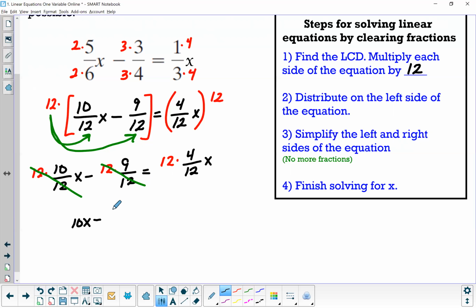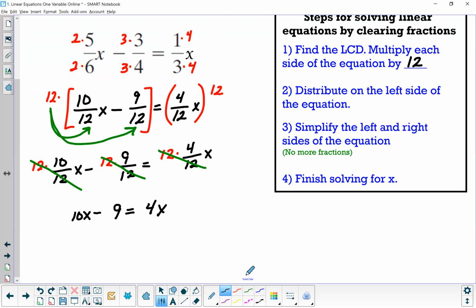And that leaves me with 9 equal to, and then 12 times 4/12 x, the 12's reduce. So that leaves me with equal to 4x. Hence, no more fractions.